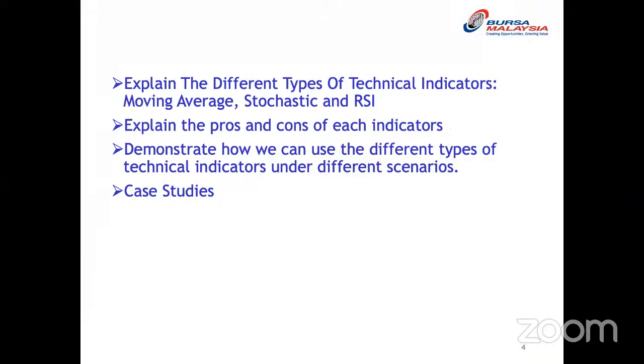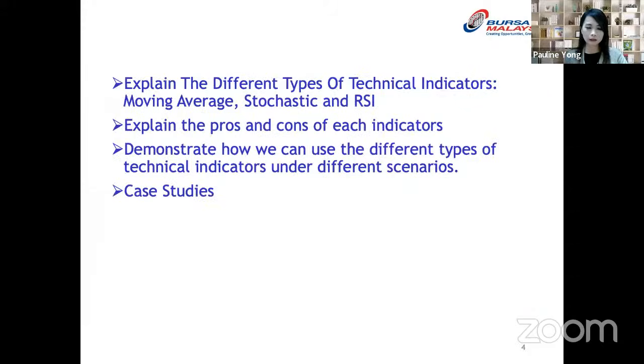So here is the agenda for today. We are going to look at the different types of indicators. There are so many, and we are not going to look at all of them. I will just look at the popular, basic technical indicators that most people would use.